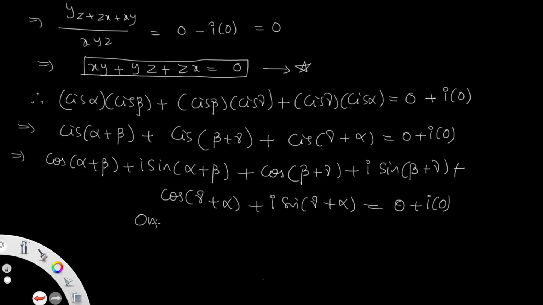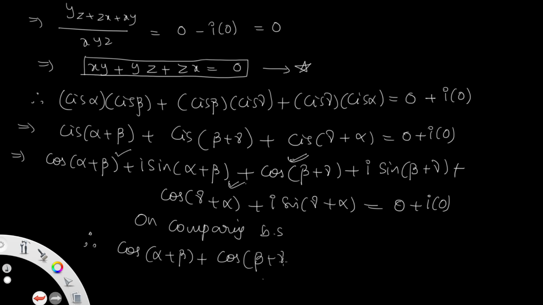On comparing both sides, taking real part to real part, cos of alpha plus beta plus cos of beta plus gamma plus cos of gamma plus alpha equal to 0.